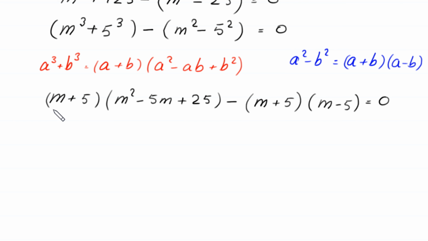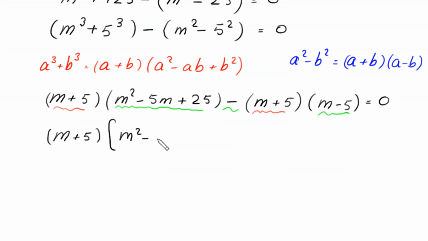Now, as you can see, this expression m plus 5 is a common factor. So we factor out m plus 5, and in the bracket is left m squared minus 5m plus 25 minus (m minus 5) is equal to 0.